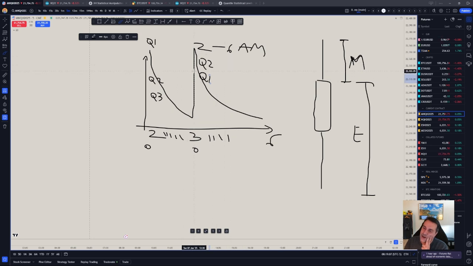So my idea is to do the antagonistic bias, which is, what if I'm wrong, and instead of being the high of the session and then we're going to close low, no, that's the candle expanding. The actual manipulation happened at 2.